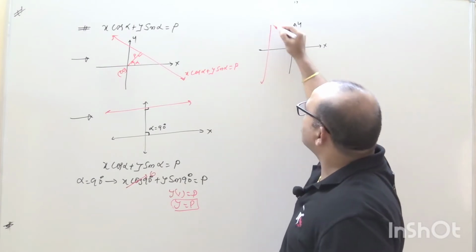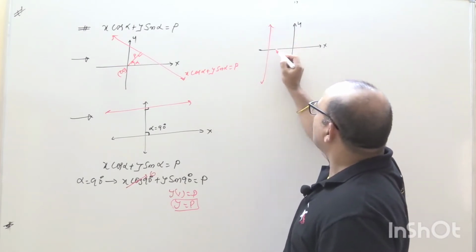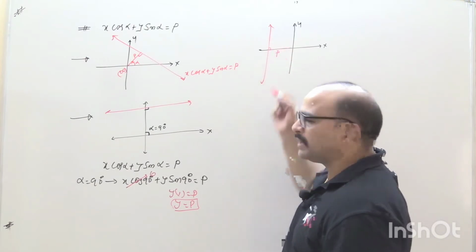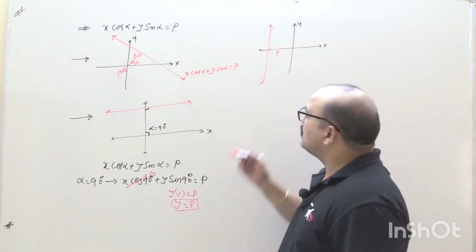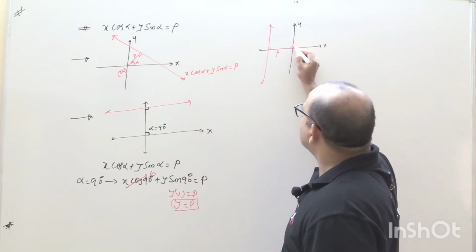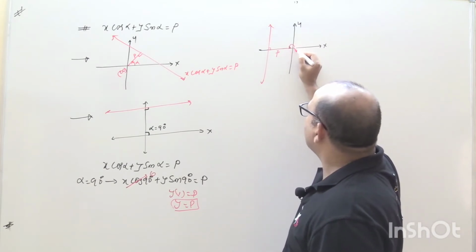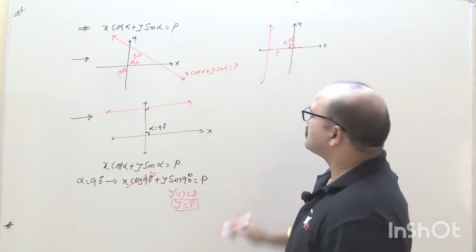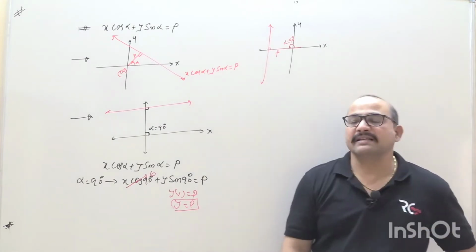This is the normal, and this length is p as per the data. P may be a positive numerical value. That means the angle with the x axis is 180 degrees.